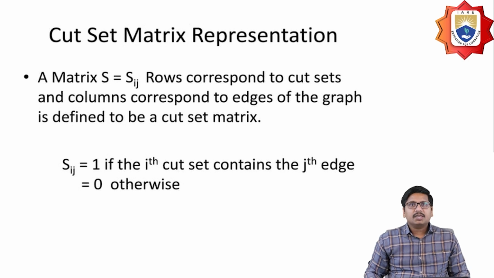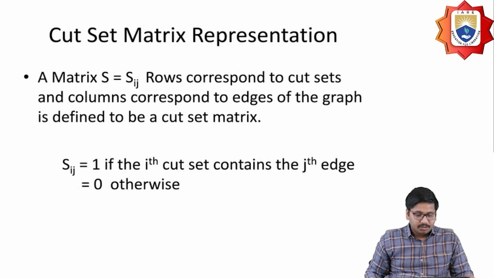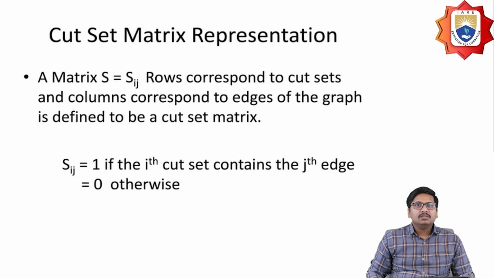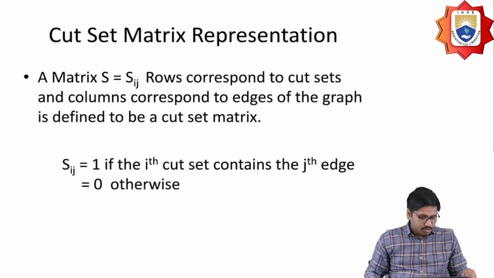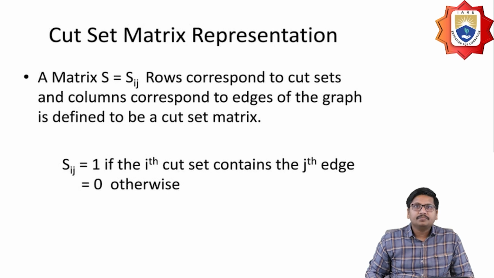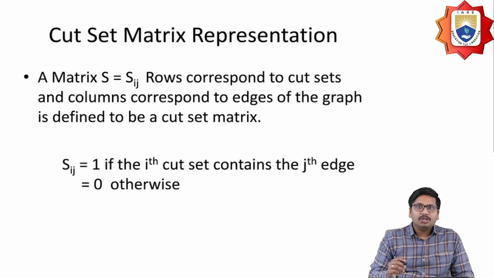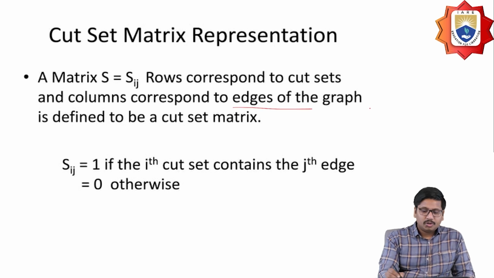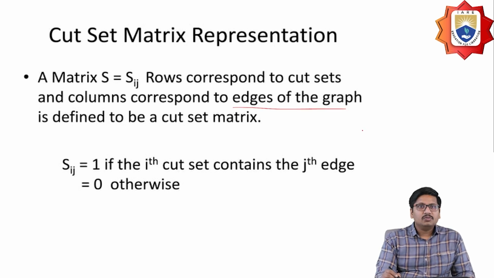So what is next is the cut set matrix representation. The matrix S is equal to S of J I, with rows corresponding to the cut sets, and the columns corresponding to the edges of the graph, and it is going to be defined as the cut set matrix.